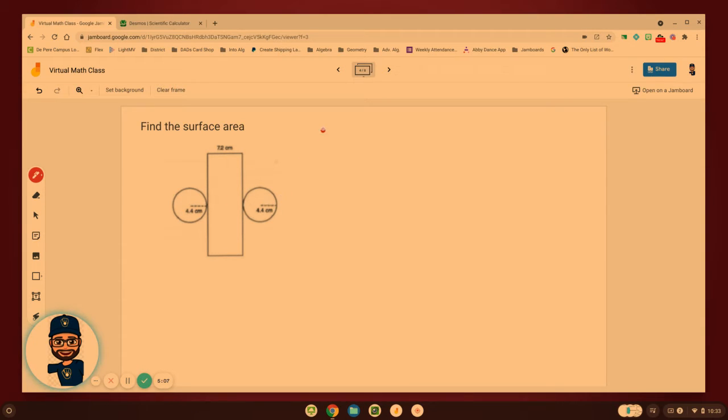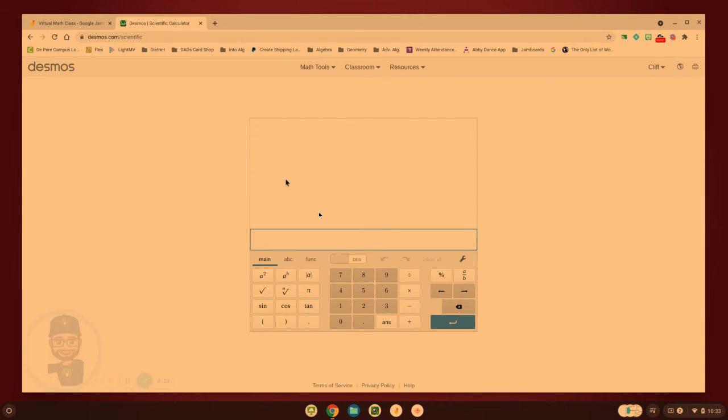We've got two circles. The area of a circle is pi times r squared. Now, it doesn't say anything about rounding, so we're going to leave pi in there, and we're going to go 4.4 squared times pi. I'm going to go to decimals because I don't know what 4.4 squared is off the top of my head. 4.4 squared is 19.36.